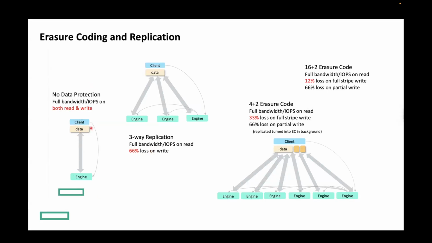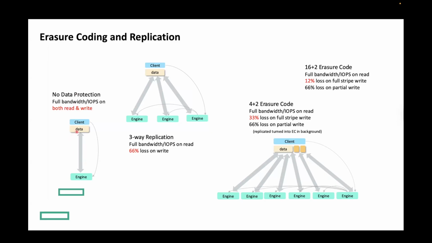Here I'm showing a simple conceptual representation where a client is writing data to the engine, the backend storage, but it doesn't have any replication or erasure coding. So basically, if this node goes down, your data is lost. But you will have really high performance in accessing this data from the storage.